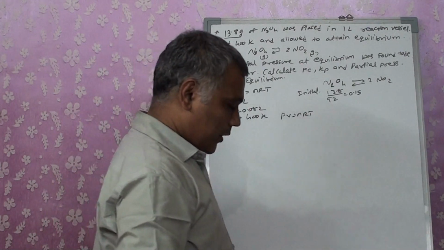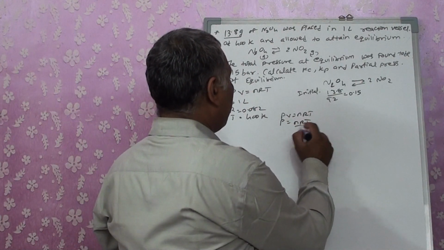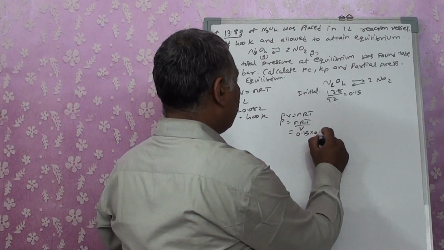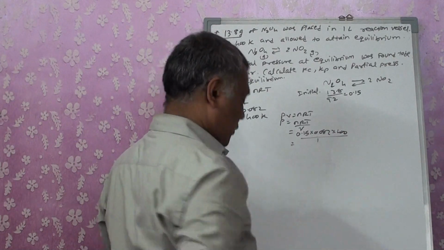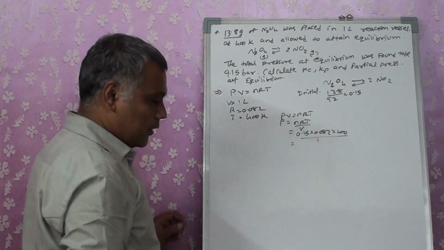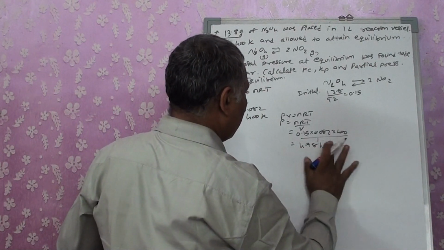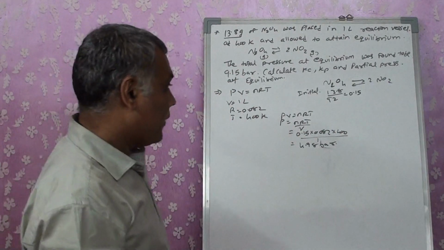P equals nRT by V, that is 0.15 times 0.082 times 400 by 1. So you will get the answer, that is 4.98 bar. We were taking the unit as bar.